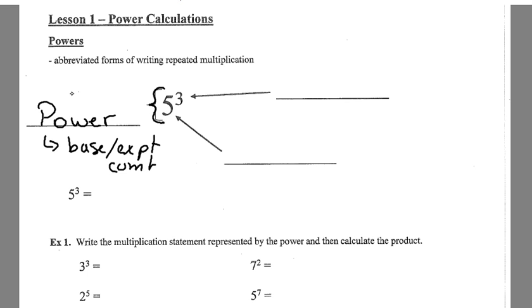So we're going to look at what do we do when we have multiple powers and certain math operations happening with them. The 5, the big number, that's the base. That's the number we multiply by itself. So for this question, we're going to have to multiply 5 a number of times. How many times? Well, that's what the little number tells us, the exponent.